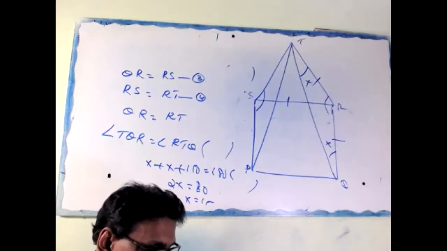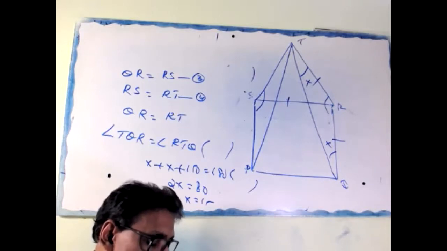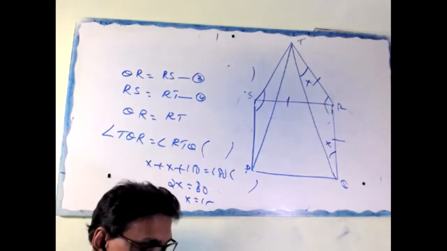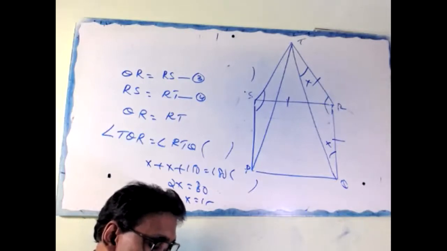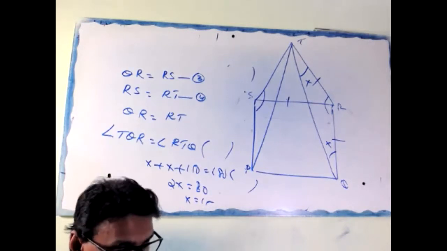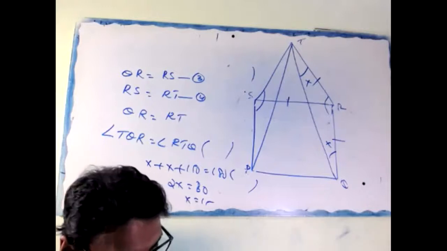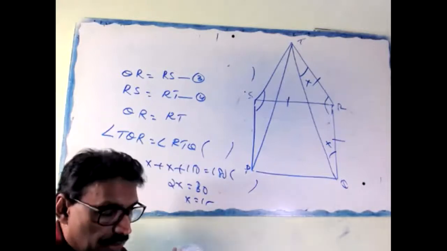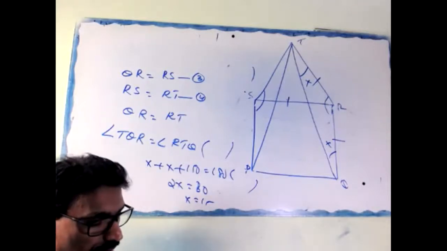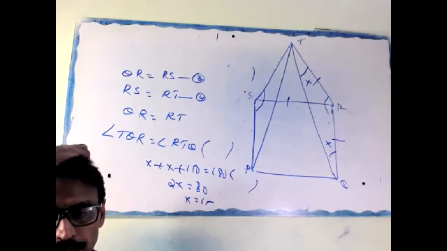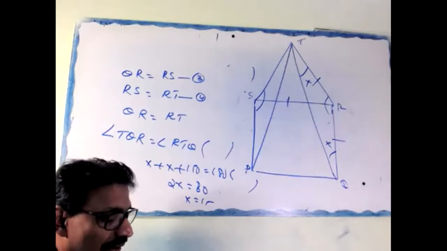Show that one, triangle ABM congruent to triangle PQN. Two, triangle ABC congruent to triangle PQR. Okay.